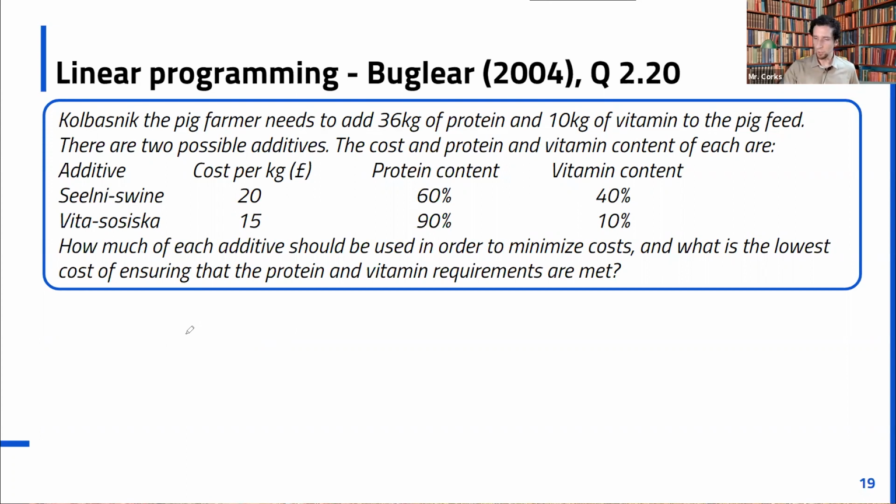Okay, it's been about 2 minutes. I gave you a little more time to think. Hopefully you were able to identify a bit more of the problem here. Variables, what do we think are the variables? S and V. Okay, tell me what they're going to represent. S will be representing the type of additive.